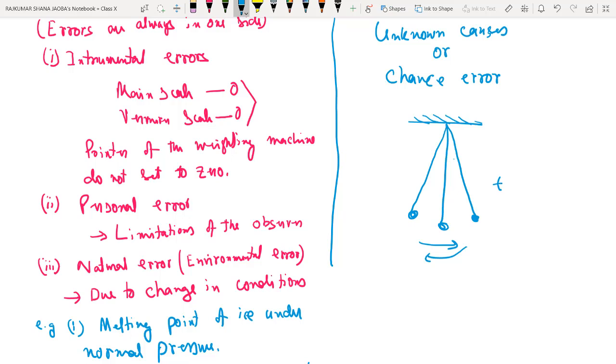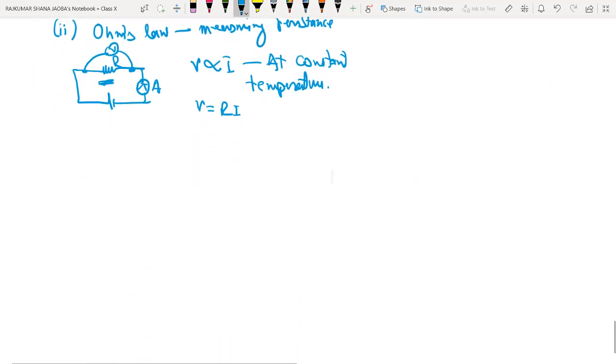So we can calculate the time period, where L is length of the pendulum, g is acceleration due to gravity, and T is time period. And we know that time period should be independent of the amplitude. But due to some vibration or other condition factors changing, we cannot get the time period accurately. So such type of errors is known as random error.